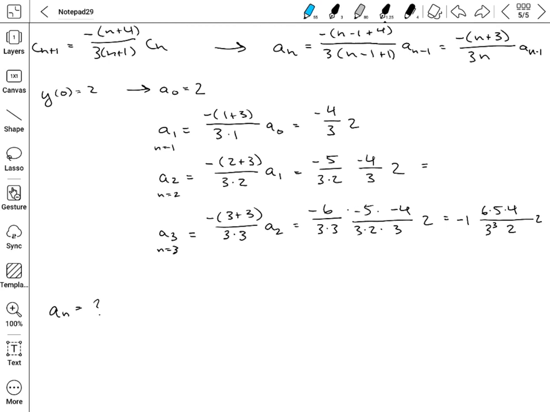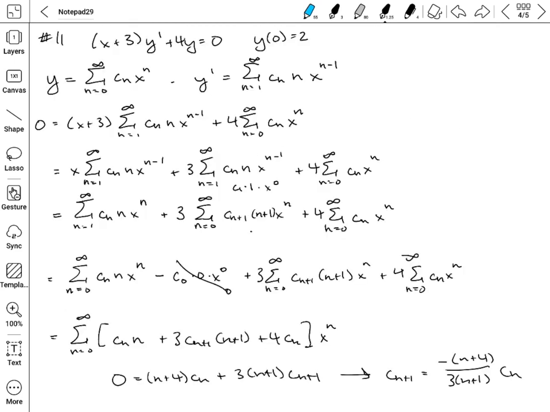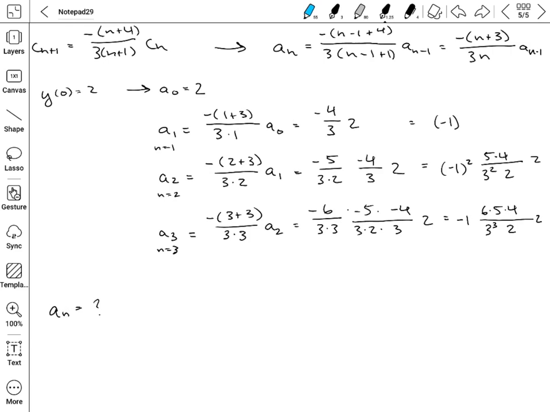And then for my A2, the negatives didn't stay because they canceled out with each other. So I've just got minus 1 squared, 5 times 4 over 3 squared times 2 times 2. And then here I've got a negative that stuck around. And then I just had a 4 over 3 to power 1.